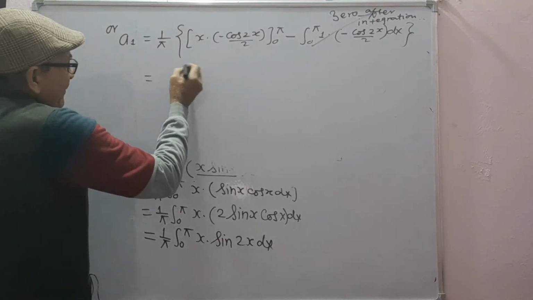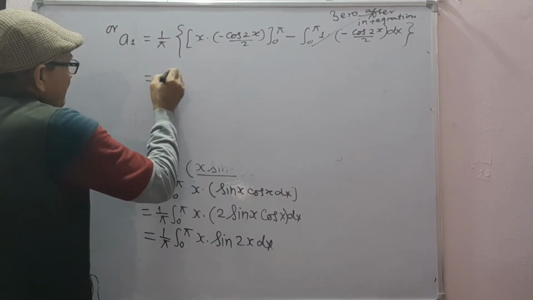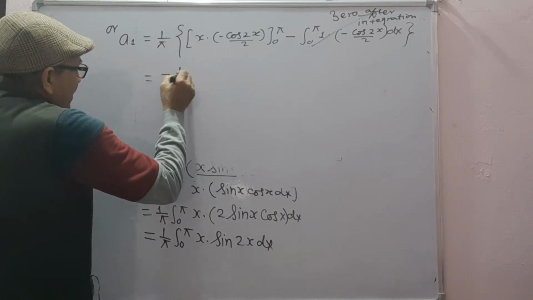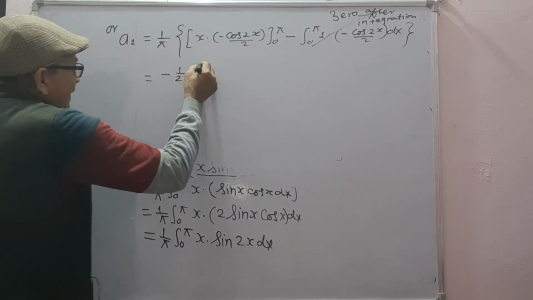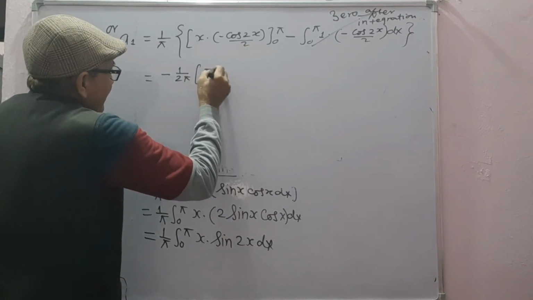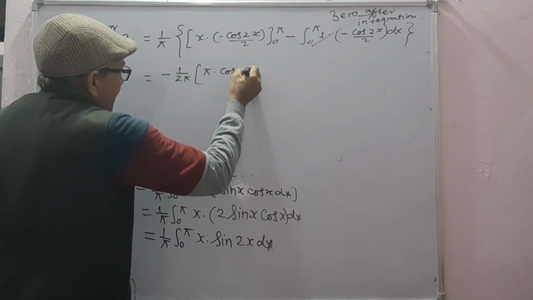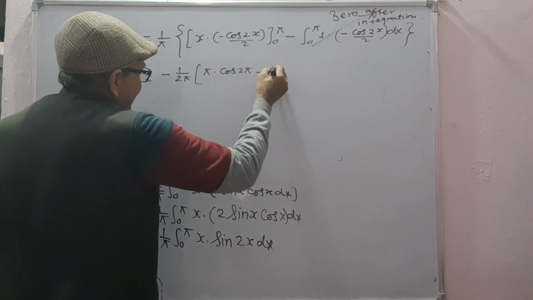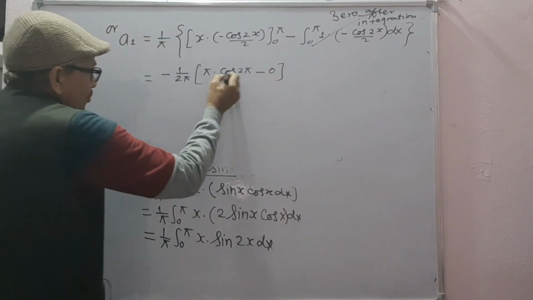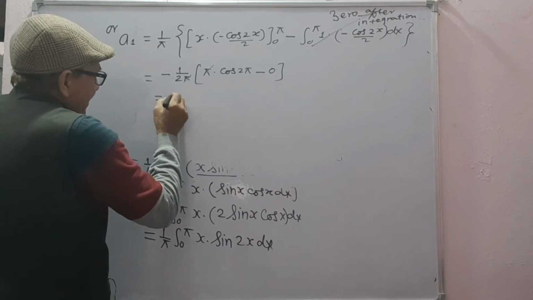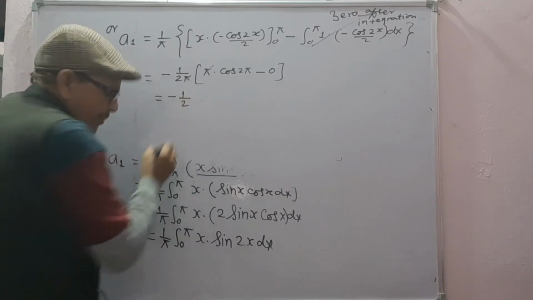Now we get minus 1 upon 2 pi, upper limit pi into cos 2 pi, and the lower limit is 0 due to x. Cos 2 pi is 1, this pi cancels this pi, and we get minus 1 by 2.